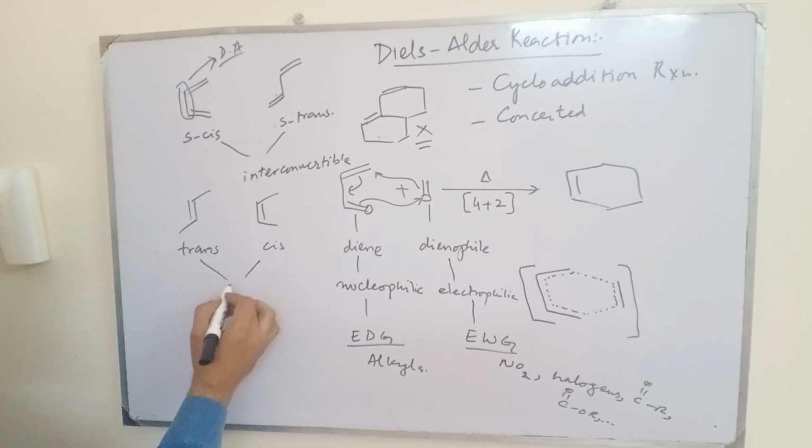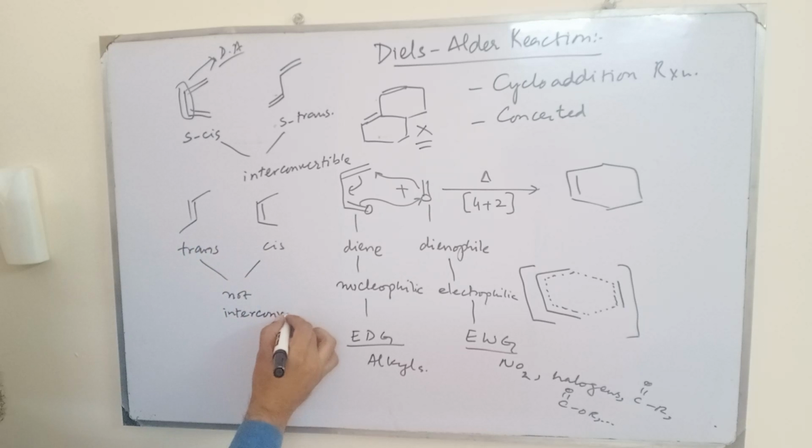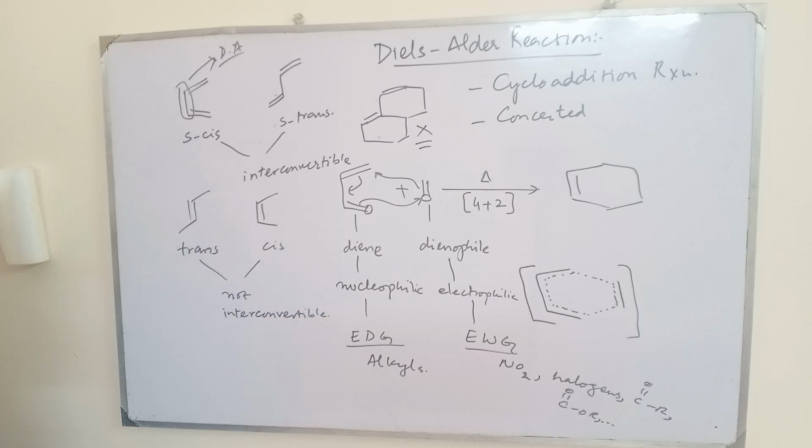However, these two forms are not interconvertible because we have a double bond here and free rotation has been restricted. So these are two different compounds. So this is some basic information about the Diels-Alder reaction, and now we see some examples.